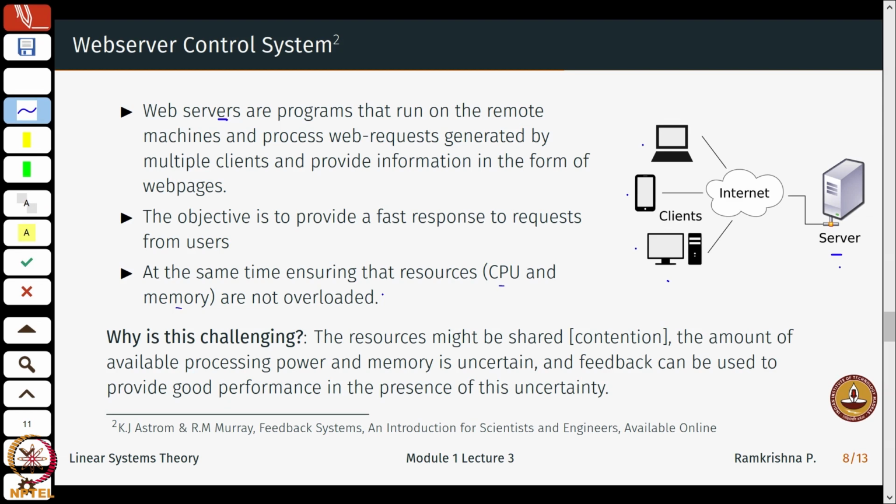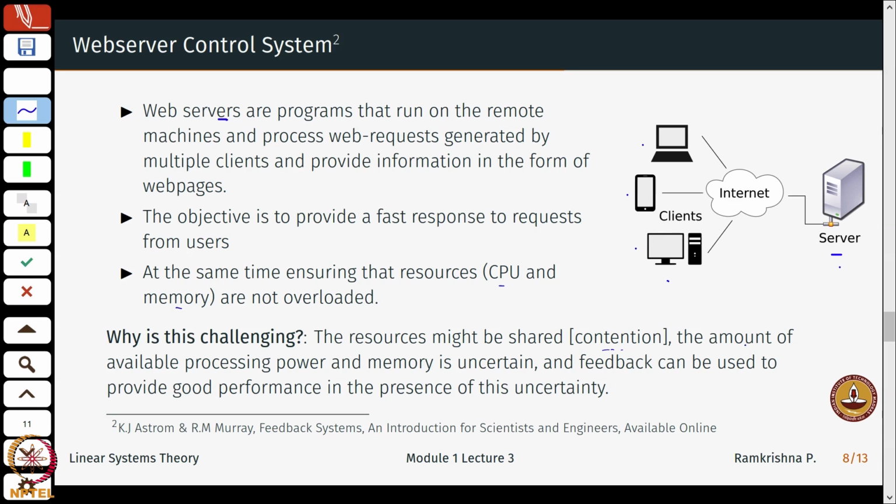Why is this challenging? One way to say is, if there are more users, just provide more resources and the problem would be solved. Well, it's not that simple, because most of the time the resources that we have might be shared by some other processes, which in computer science terminology is also called contention.